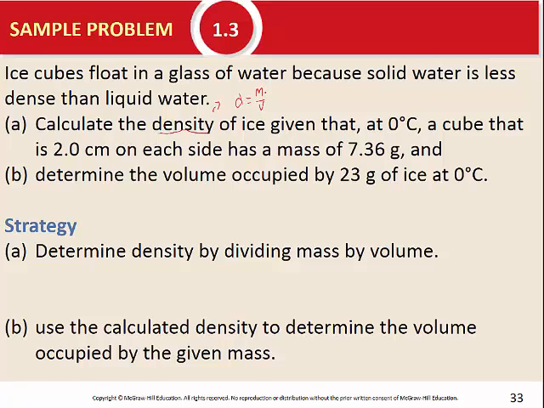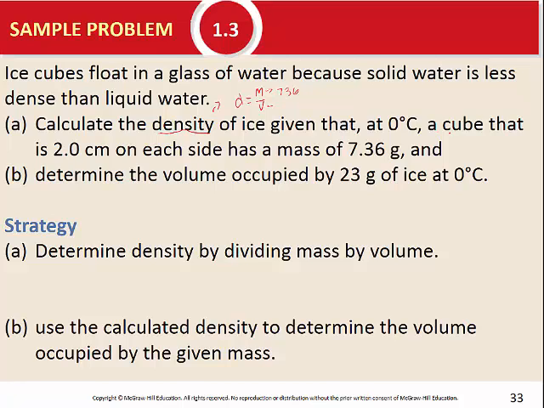So I need a mass. Was I given a mass? Yes, I was given a mass, 7.36 grams. So we know that's what goes right there. But we need a volume. We're not given a volume, but we are given that it is a cube that is 2 centimeters on each side. Now, we learned a long time ago, hopefully, how to find the volume of a cube from its length: length times width times height.